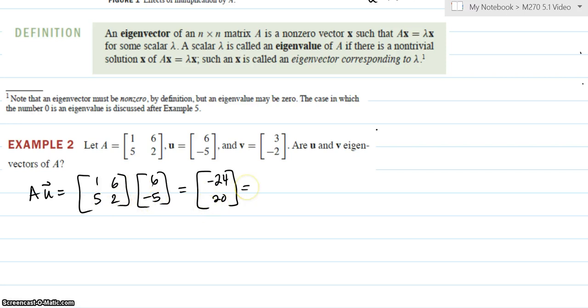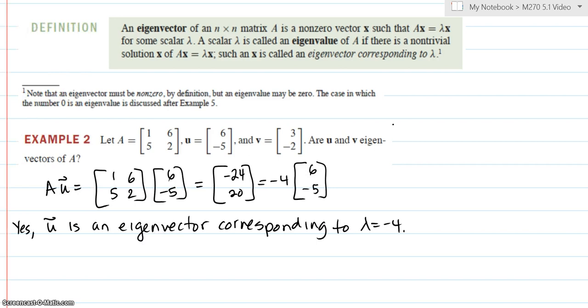If we factor out negative 4, you can get a 6 and a negative 5, so it does work. So the answer is yes for u. u is an eigenvector corresponding to lambda equals negative 4.